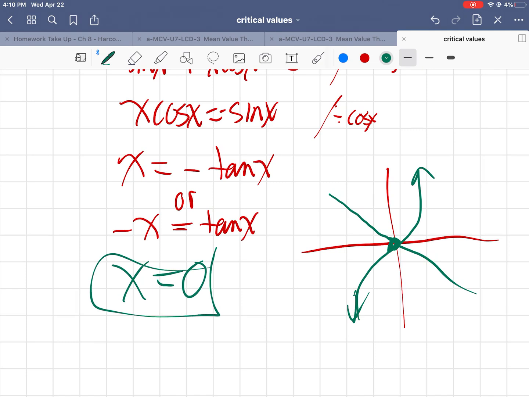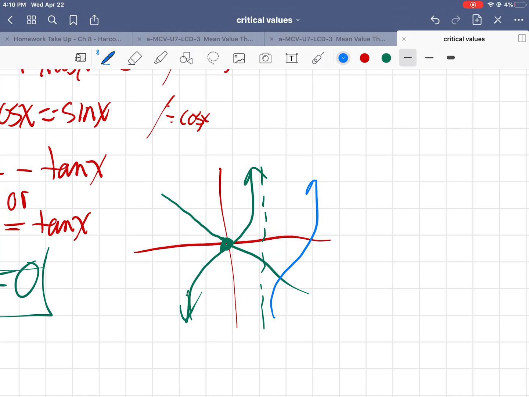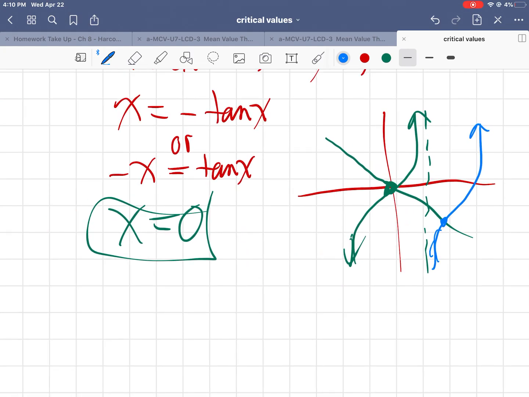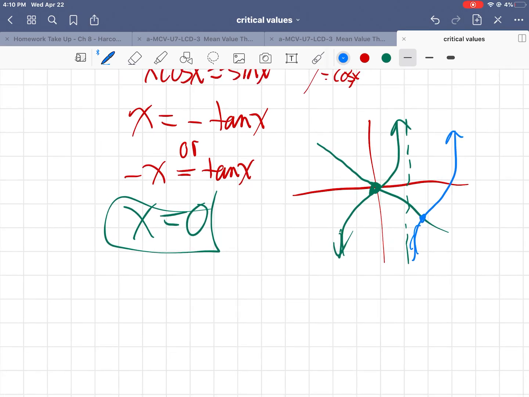That one we can figure out quite easily. And then there'll be a whole bunch more solutions because it just keeps repeating. Where the next solution is, I'm not sure. But anyway, you get the idea. So there's one solution at x equals 0.